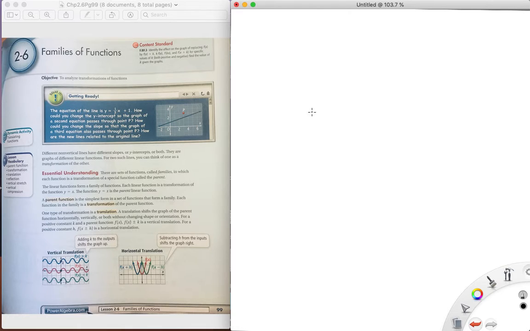A transformation of the parent function creates the family of functions, and we're going to talk about various translations. There's two types of translations: a horizontal translation and a vertical translation. So if we have a function f of x, that would be our parent function.